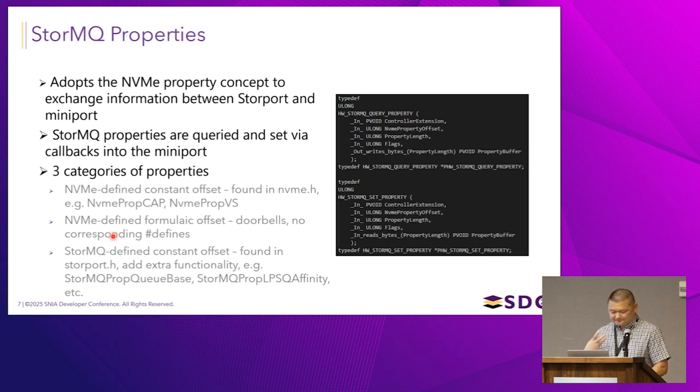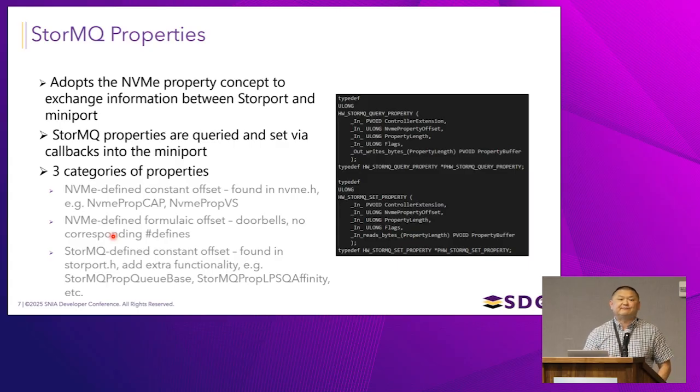We have also things that are defined in the NVMe spec that we term formulaic offsets. So these are things like doorbells. And then we have an additional need to pass information that's not defined in NVMe, which we classify as Store MQ properties.